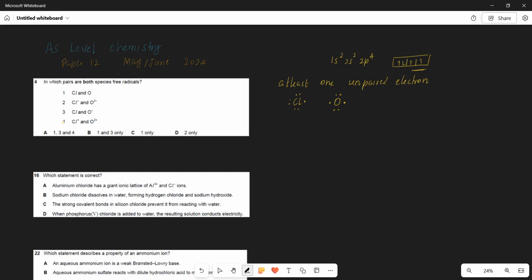So it's also a free radical. Then Cl minus: 1, 2, 3, 4, 5, 6, 7, there is an 8th electron. So it's not a free radical. Then O2 minus: 1, 2, 3, 4, 5, 6, 7, 8 electrons. It's not a free radical.